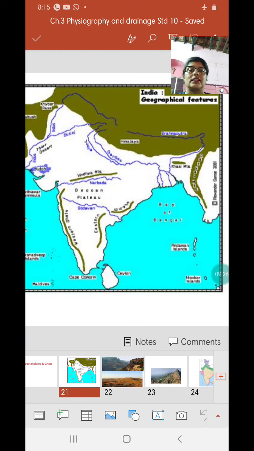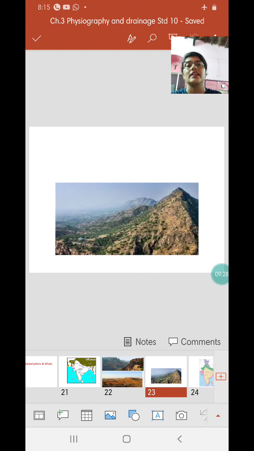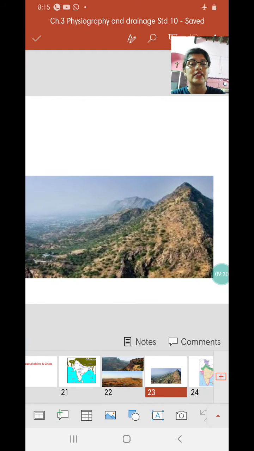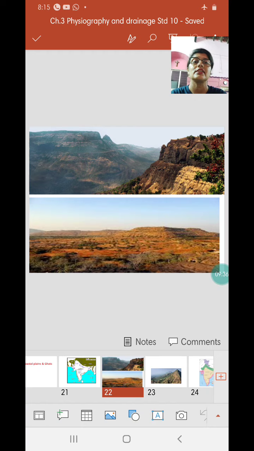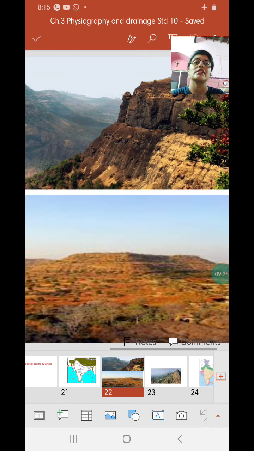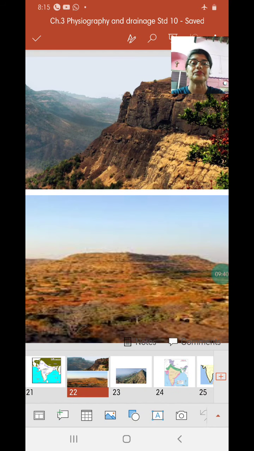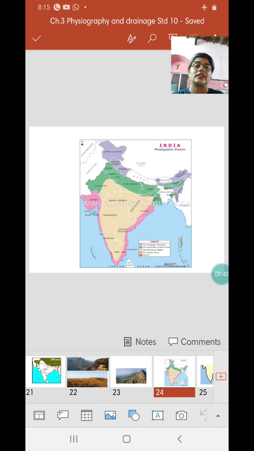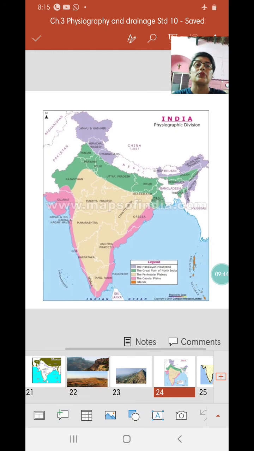So that's the major characteristics as well as the differences between the Western Ghats and the Eastern Ghats. These are small rounded hills, which is quite in contrast to the scarp-like faces of the Western Ghats. And with that we end the introduction to the Ghats.